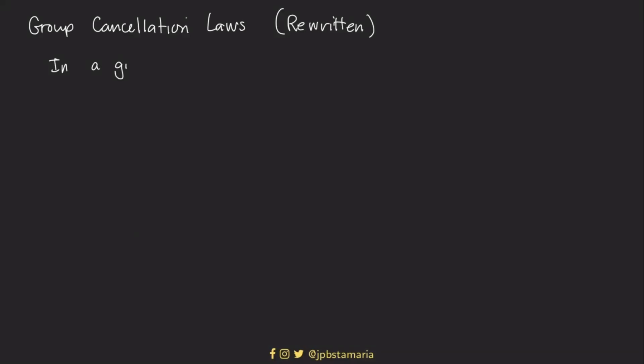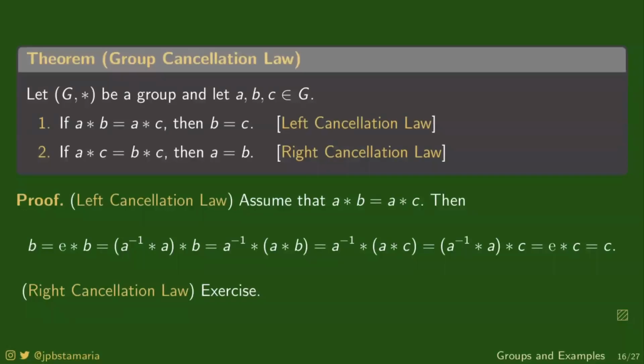In a group G, number 1, LCL. Ang LCL sabi, if A times B is equal to A times C, then B is equal to C.